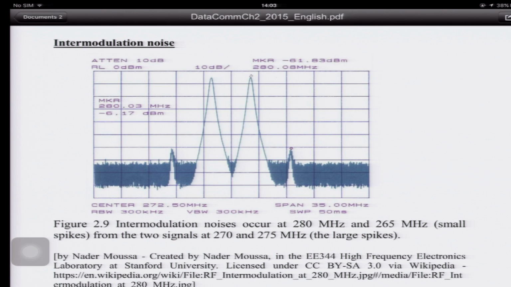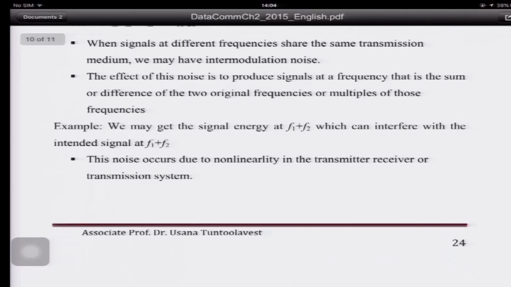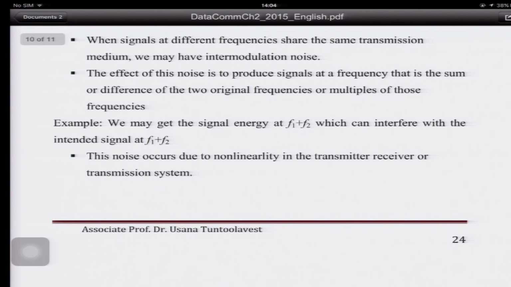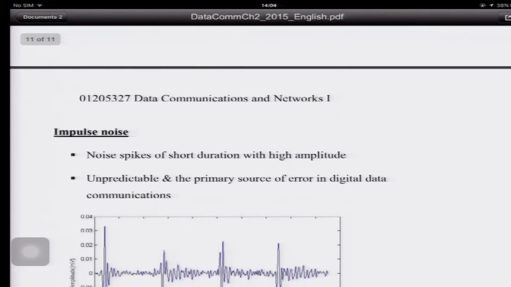So you have to be careful that if you send more than one frequency in the same cable, this can happen. This noise occurs due to nonlinearity in the transmitter, receiver, or the transmission system. If there is any nonlinearity in the system, you can have this intermodulation noise.